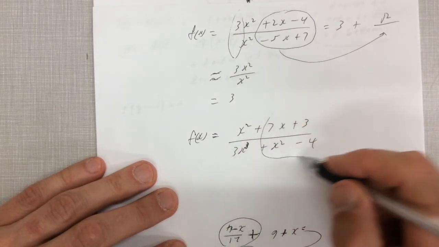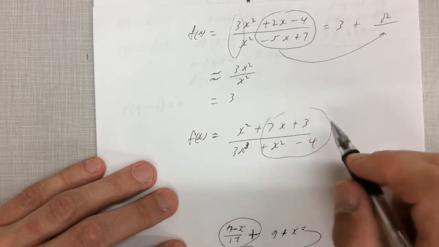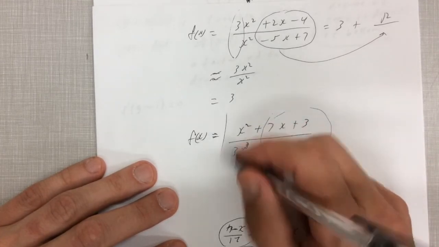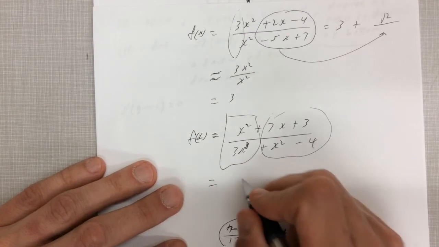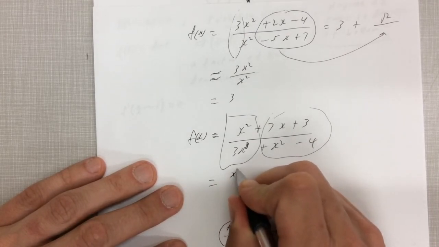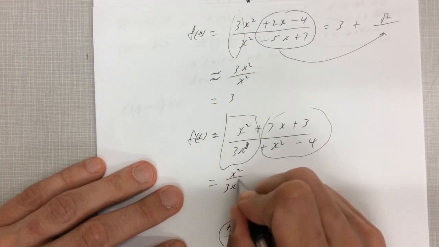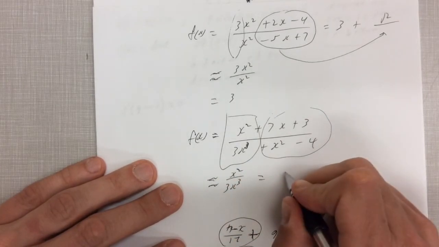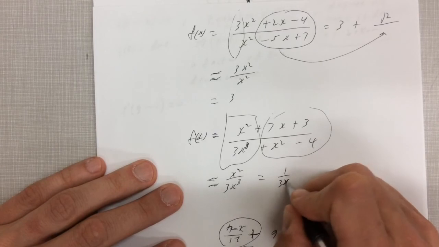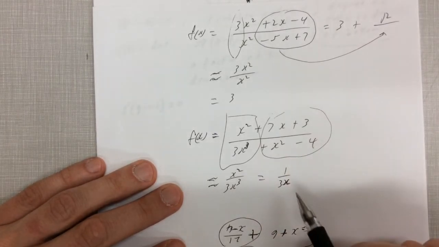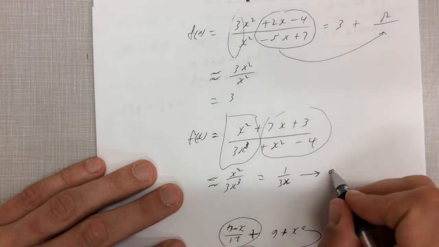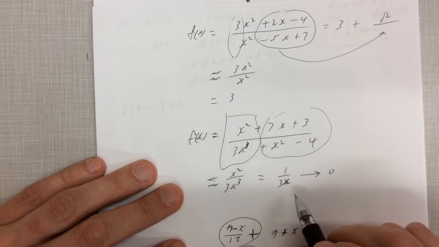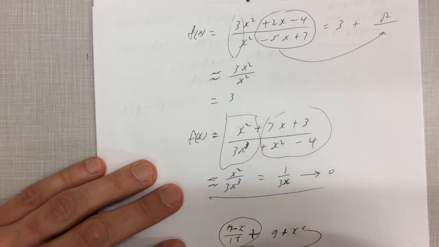These ones become negligible. Okay, as x gets really large, this takes over and looks like x squared over 3x cubed, so approximately that, which is then 1 over 3x. And as x gets really large, this goes to 0. Okay, so when x goes really large, that tends to 0.